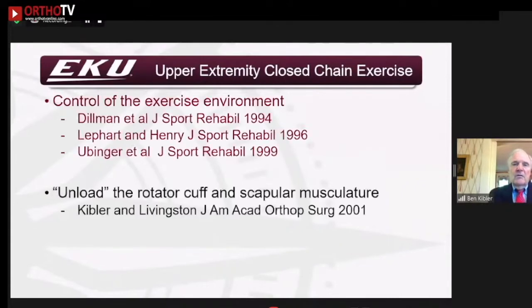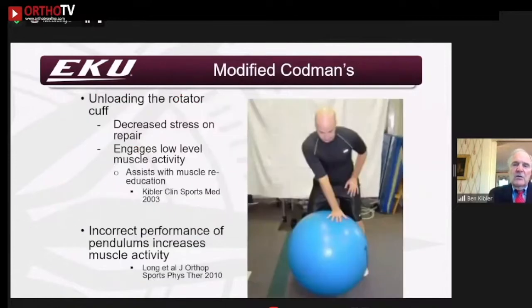We want to control the exercise movement by putting it in the right position with no load. We unload the rotator cuff, and we can do this a lot with using a ball so that you actually achieve the shoulder motions you want without putting the distal load on the arm by gravity. If you unload the rotator cuff, you decrease the stress on the repair or on the impingement.